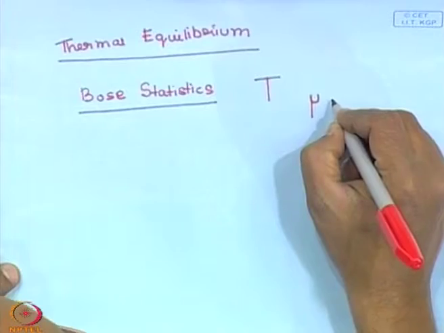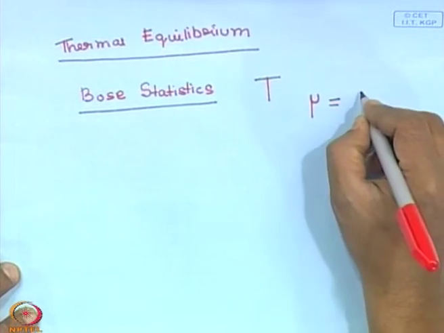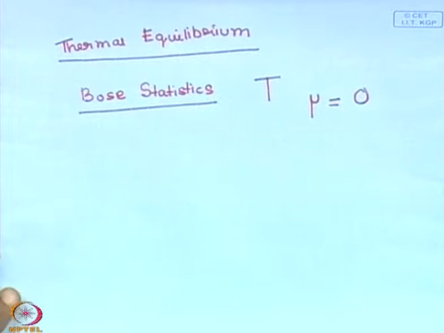For bosons whose number is not conserved, there is no conserved quantity associated with a photon. There is no charge, and these are massless uncharged particles. So, the chemical potential is 0.